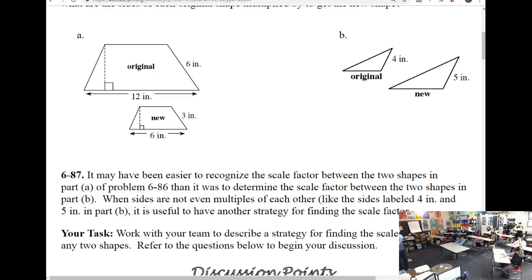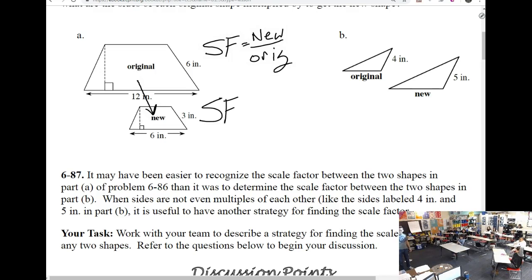We go from original to new, but the comparison we make is new to original. So we would compare the new to the original.